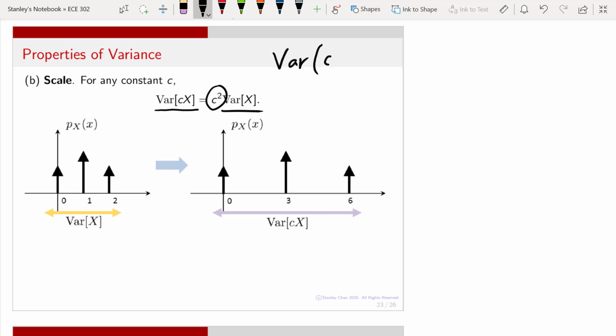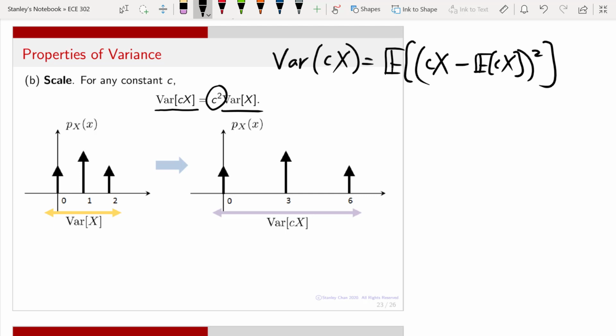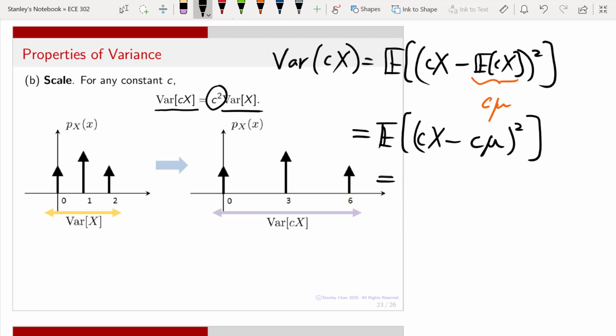So variance of cX is the expectation of cX minus the expectation of cX, and then you take a square. So what is the expectation of cX? It's just c times mu. It's a property that we have derived for the expectation. And so now we have expectation of cX minus c mu squared. Then the c squared can come out, and so you have expectation of c squared times (X minus mu) squared.